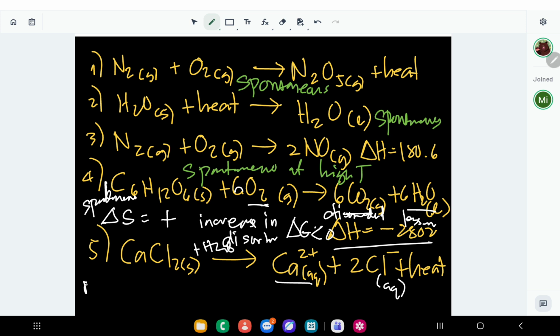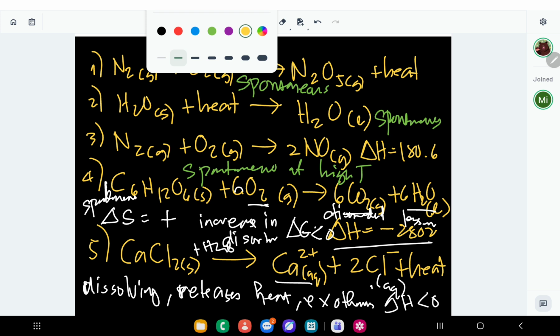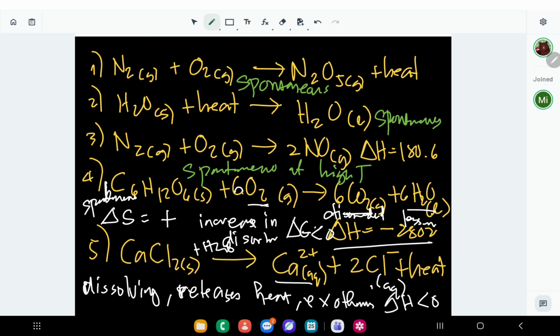It releases heat, because this is one of the examples of spontaneous reaction. Therefore, delta H is less than 0, negative.